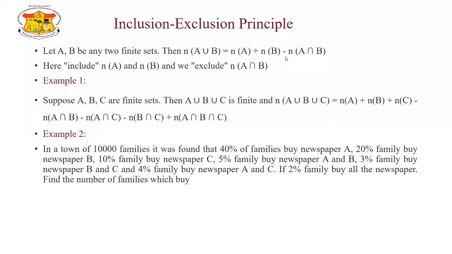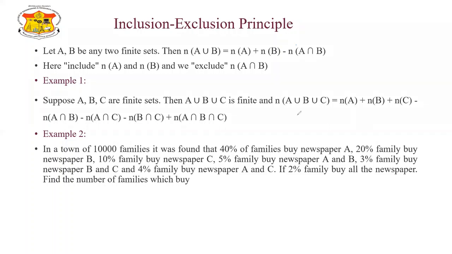Suppose A, B, C are finite sets. Then A intersection B intersection C is finite. What is the principle of inclusion-exclusion for three sets?